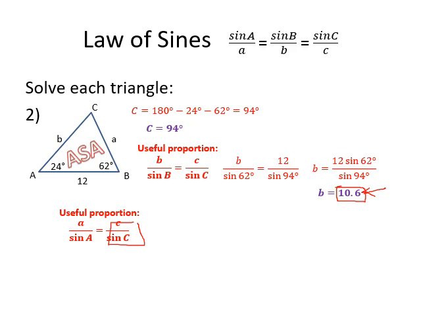So I tend to go back to the original things that I was given, mainly side C and then angle C. Angle C is not really an estimate. We know it's exactly 94 if the other two are exact angles as well. All right, so plug that in and solve for A.